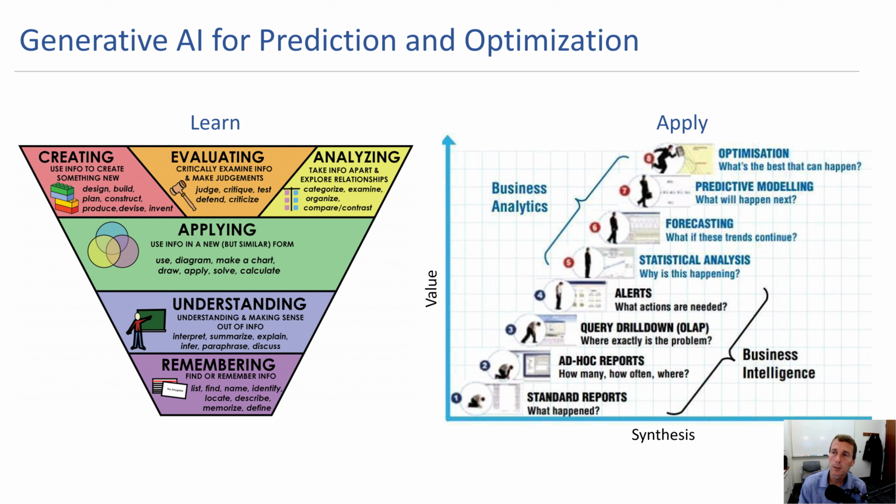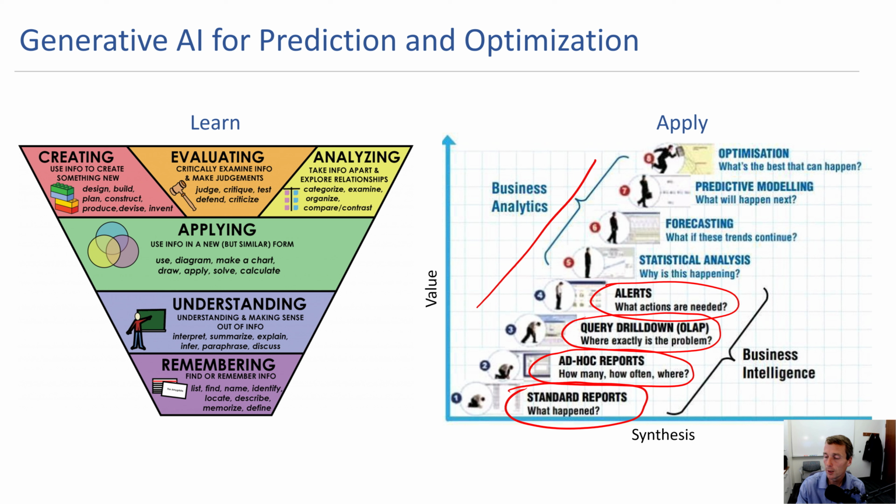So the other thing I want to mention is really the business value that we bring in process systems engineering. We've got to get above some of these standard reports or ad hoc reports, query drill downs, alerts, alarms, things like that, and get to these higher levels of synthesis.